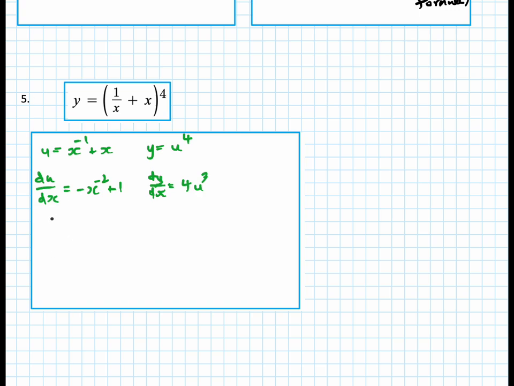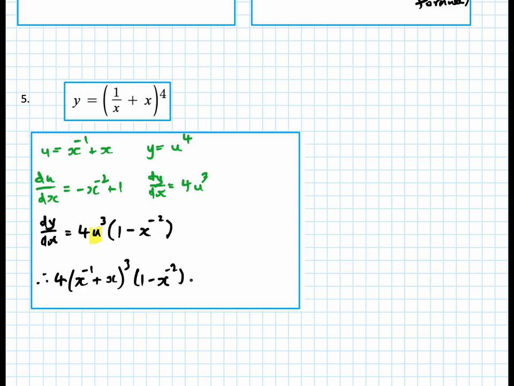Deriving u to the power of 4 gives 4u to the power of 3, and from there, dy over dx, just put it all together. So you're multiplying this, remember, f times g, as I said at the beginning. And now we want to replace that u, which we know is the inside part, so x to the power of minus 1 plus x inside there. And from there, you can just rearrange it one last time, changing it back to a fraction.